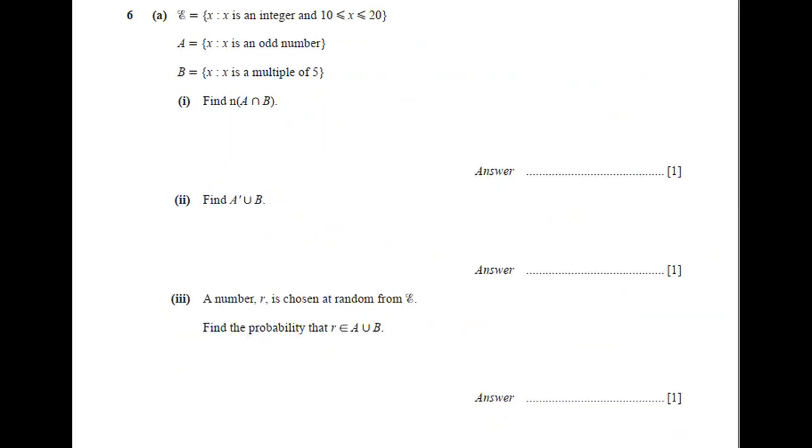Question number 6, part A. The universal set has elements x such that x is an integer and x is between 10 and 20. So the universal set will have numbers 10, 11, 12 all the way till 20.